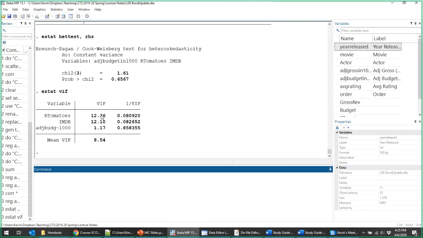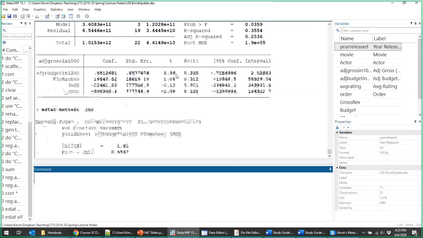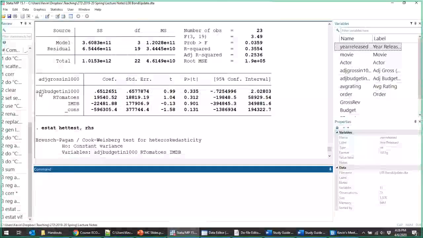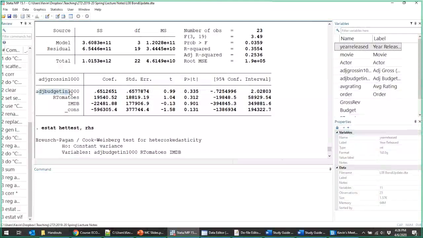This indicates that including both of these in our model is inflating the standard errors maybe by 3 or 4 times, because the variance is going up by 12 times what you would normally expect if one of them weren't in the model. Whereas the budget has a very low variance inflation factor because the adjusted budget is probably not all that correlated with ratings. It's not too terribly correlated with the other explanatory variables in the model.